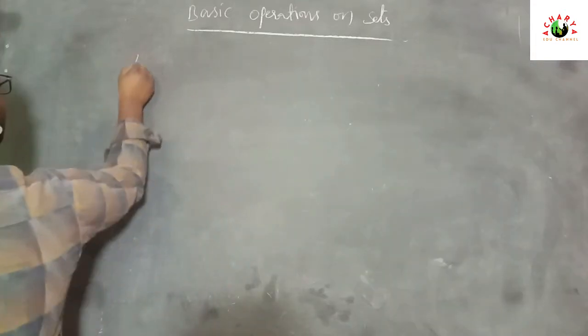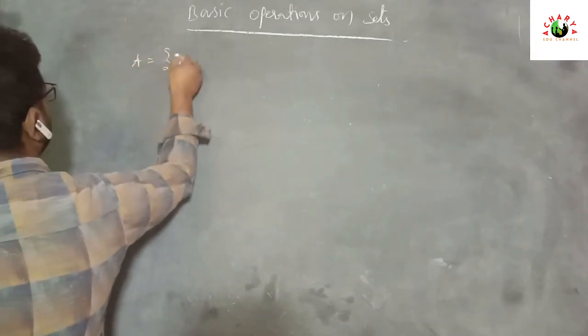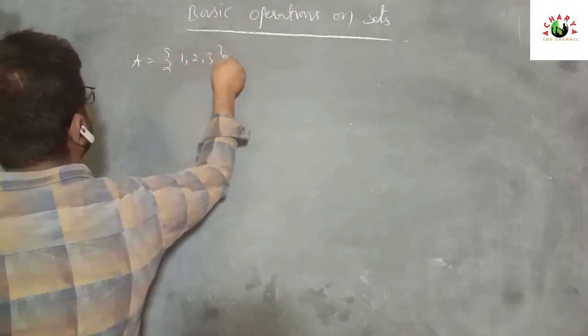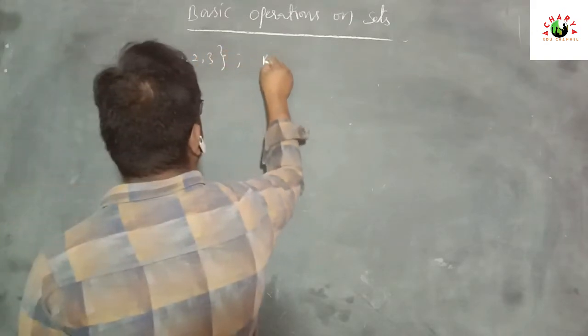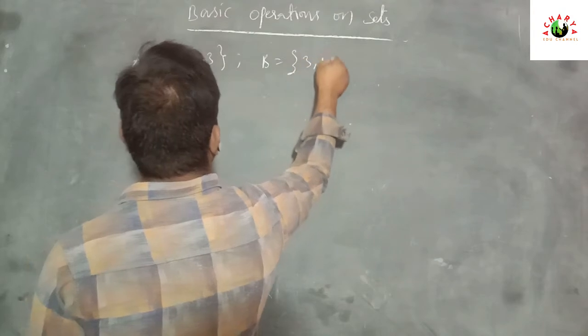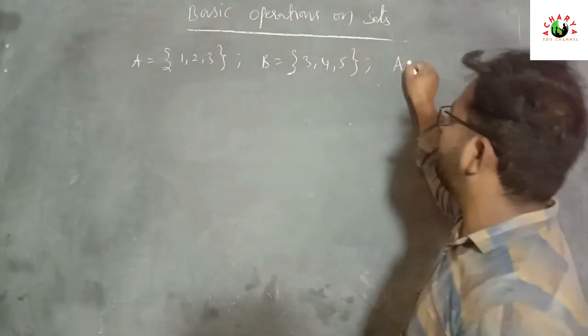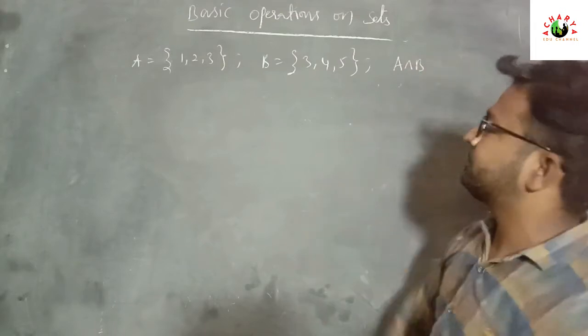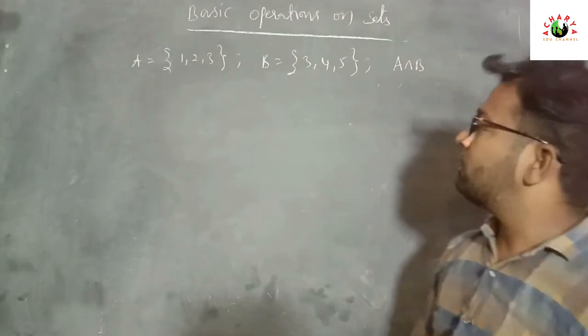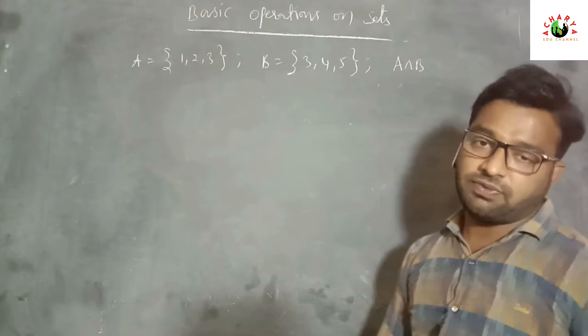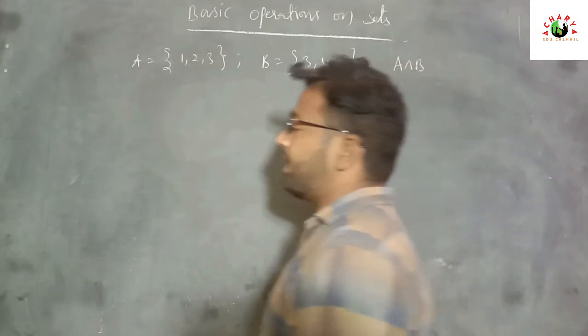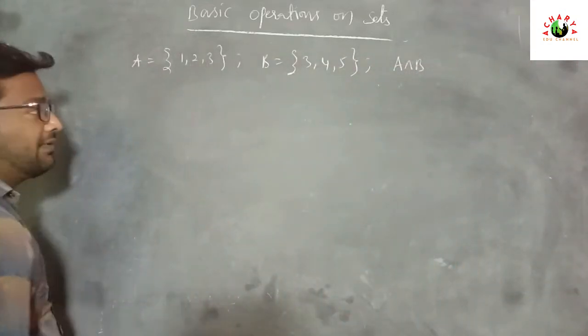Okay, one more example. A is equal to 1 2 3, B is equal to 3 4 5. What is A intersection B? And draw the Venn diagram.